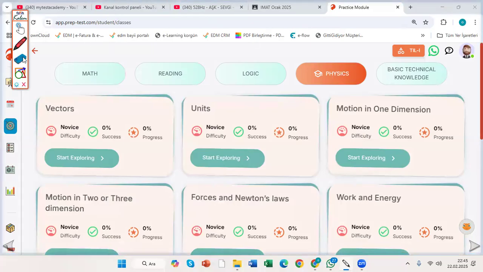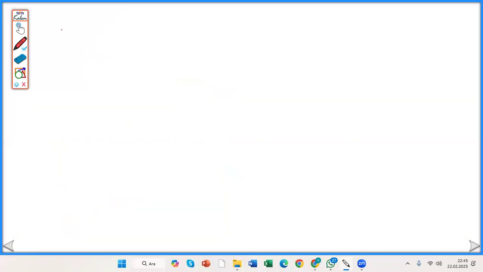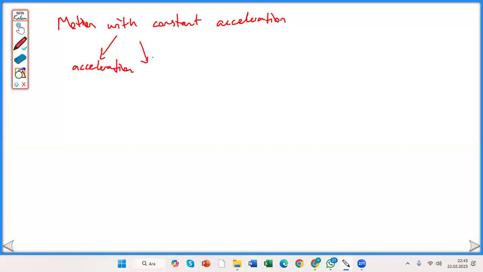And also another important point: let's look at the other subject, motion with constant acceleration. As you remember, there are two kinds of acceleration. The first one is acceleration, and the second one is deceleration.